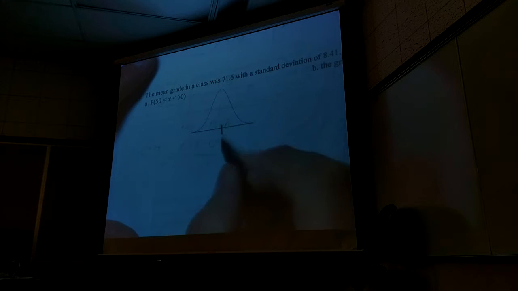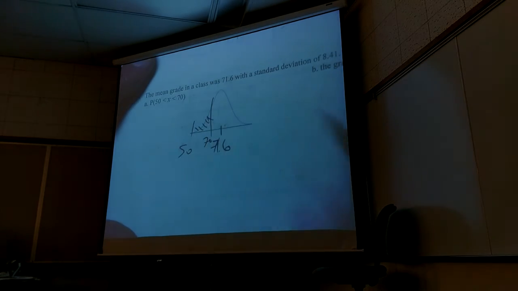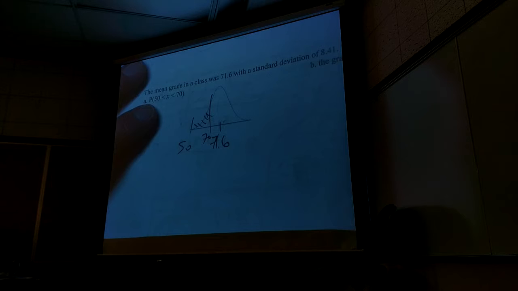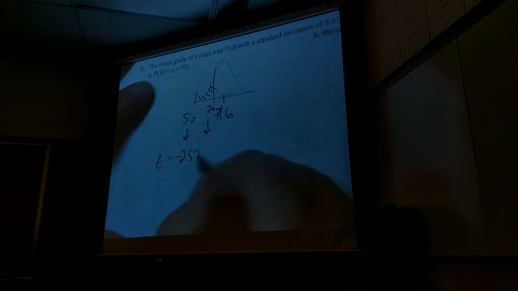All right. So number 3, what goes in the middle? 71.6. So I want to go from 50 to 70. I know my z-scores are both going to be negative. Stay with me now. So here I get a z-score of what? Negative 2.57.